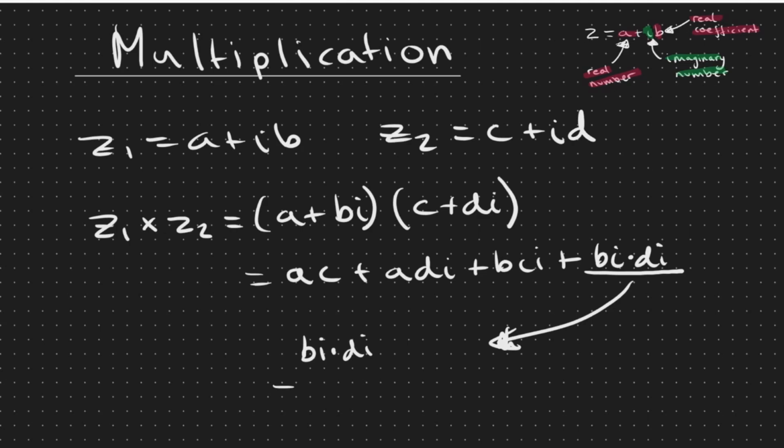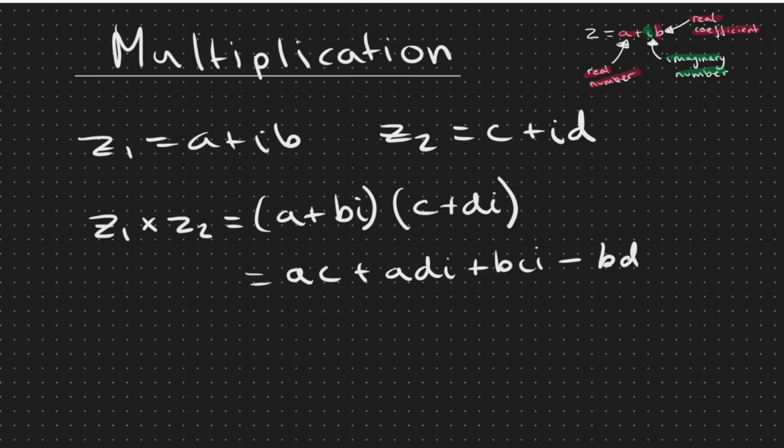Well, it's very simply bd times i squared. But what did we say i squared was again? Remember, i is equal to the square root of minus 1. Therefore, i squared is equal to minus 1. Therefore, we can rewrite this as minus bd. And there you go.